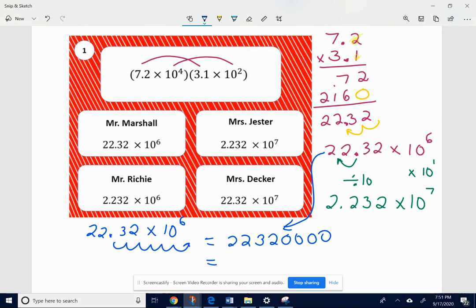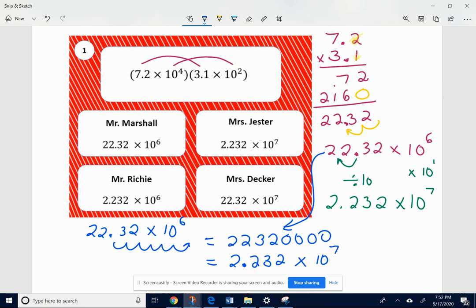I'm going to put the decimal point in this big number so that I have one non-zero digit in front of the decimal point. So it's got to be 2.232 times 10 to the something. Now I just need to ask myself, what do I need to do with this decimal point to get it at the end where it belongs? I'm going to have to move it 1, 2, 3, 4, 5, 6, 7 spaces to the right.